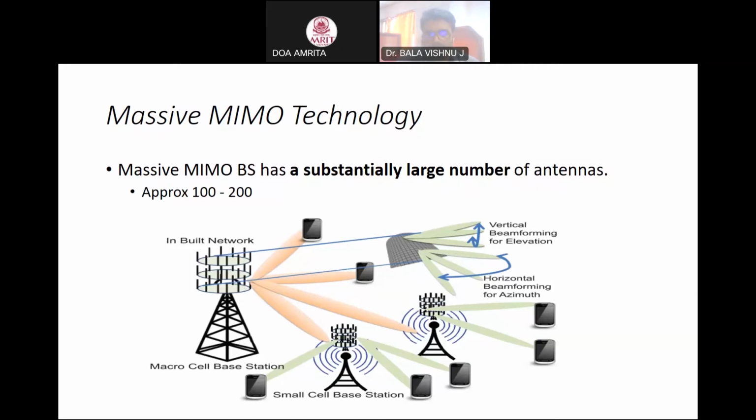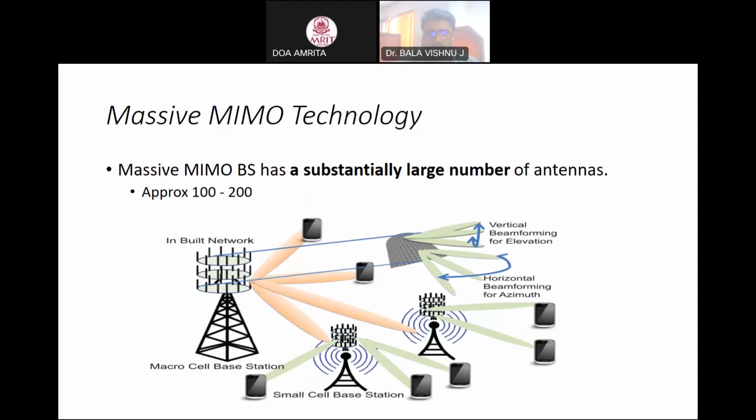Similar to that, we can also have diversity by transmitting the same data over the two antennas, where you can increase the reliability by transmitting the data multiple times. We can have diversity in terms of time diversity, frequency diversity, and space diversity.